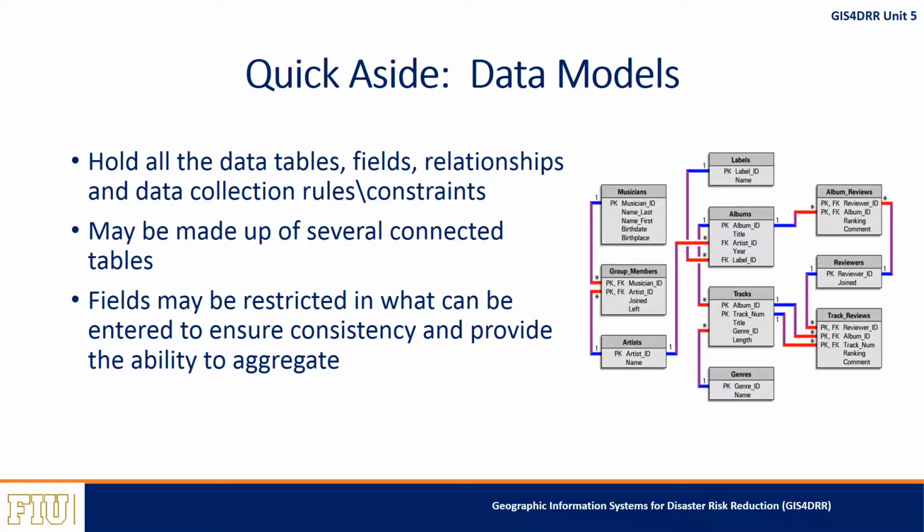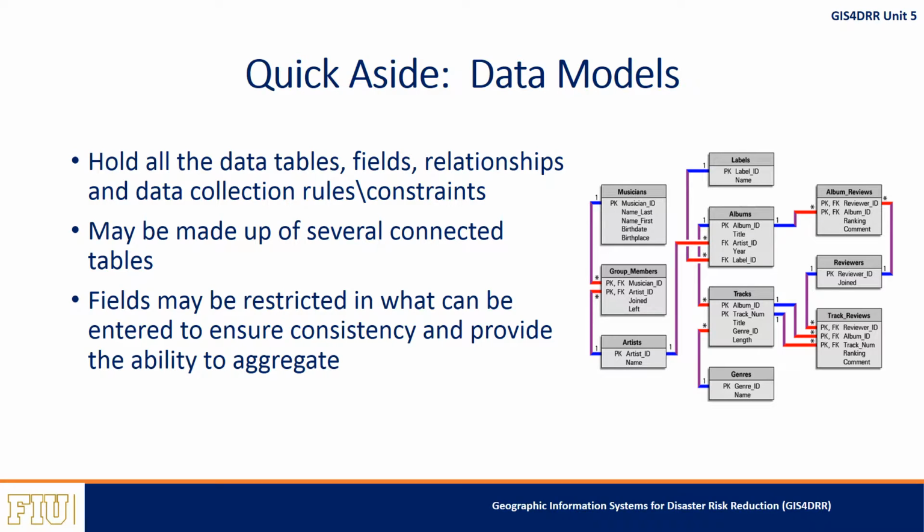So in a sense, what we're trying to do is build a data model that will have hazards and vulnerabilities and all the fragility aspects and things like that we've been discussing. These fields may be restricted. These are not all places where you can just type in whatever you want to type.